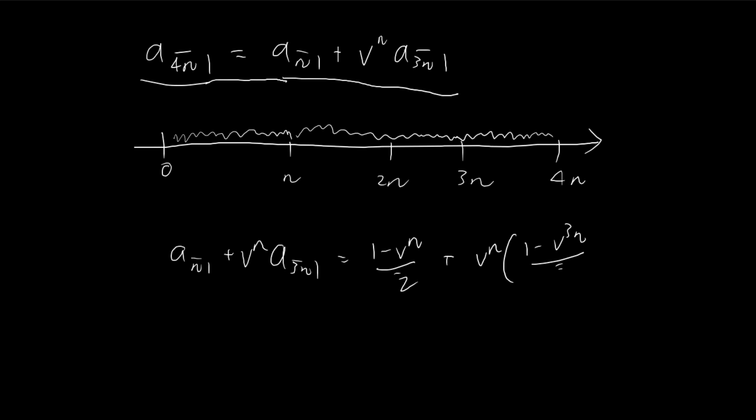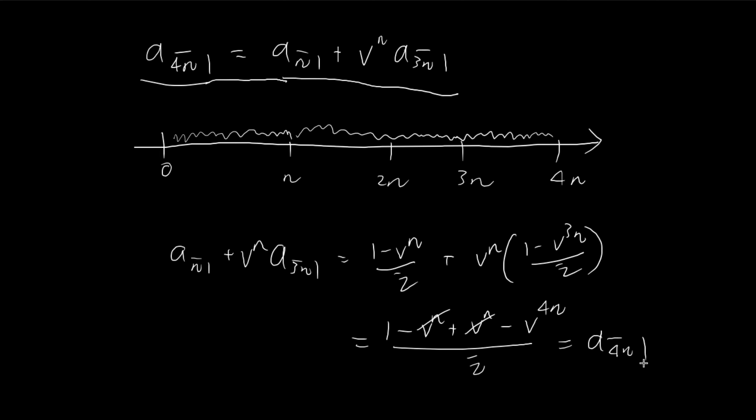If you write this out, it becomes rather obvious. These v^n's cancel out, and there's a 3n and an n, so it becomes 4n. So we get 1 minus v to the power of 4n divided by i, and that's just a_4n. This is an algebraic proof, and the other is an intuitive proof. Just pick the one you prefer.